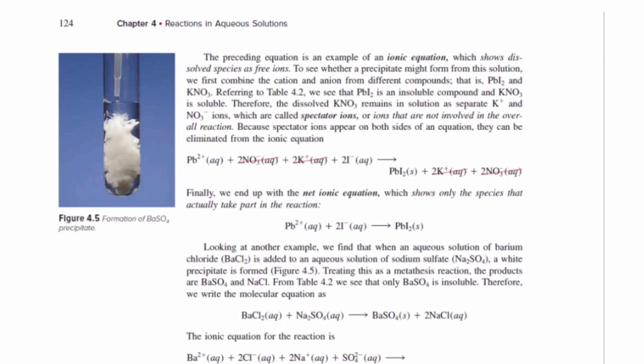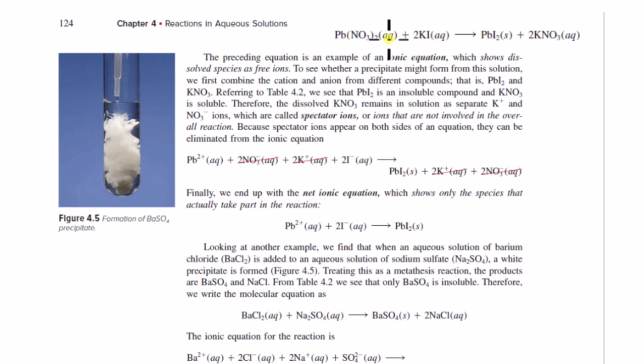Okay, so what they're saying is, with the precipitation reaction, we started off by writing the molecular equation, which showed all of the ionic compounds involved with their full chemical formula as the reactants, which in general for precipitation reactions are all going to be aqueous. They don't have to be, but in general they're going to be aqueous ionic compounds.